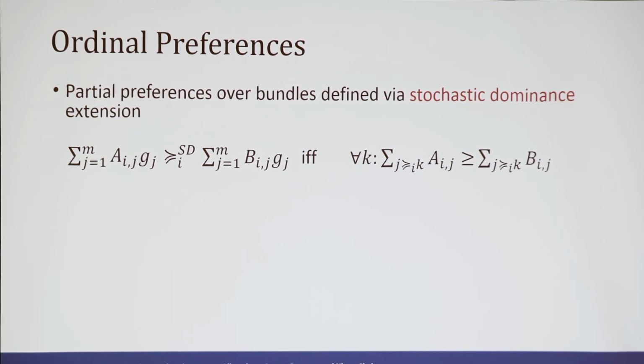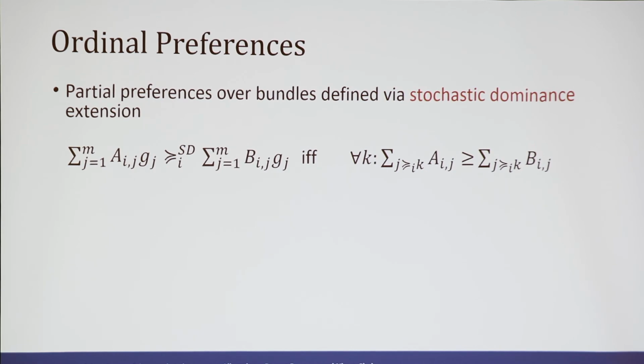So we now define preferences, or at least partial preferences, over these bundles, over these lotteries, by the stochastic dominance extension. There are others that we could use, but here we're going to focus on this one. What this says is that agent i prefers an allocation A to an allocation B under the SD extension if and only if, let me define this recursively, allocation A gives agent i more of her most preferred good than allocation B does.